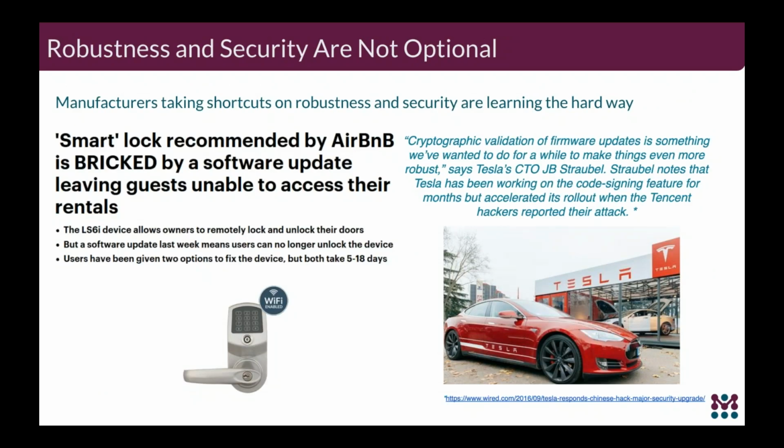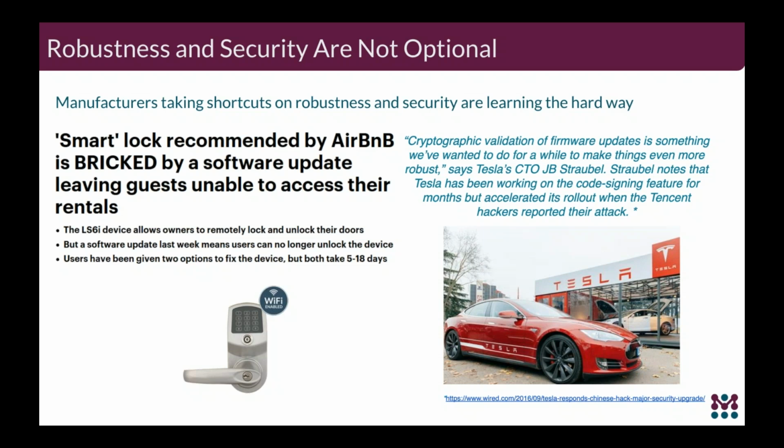And robustness and security, just in general: there was an incident several years ago with a smart lock that tried to do an OTA update, and the wrong image was delivered, and that ended up locking folks out. So there are a lot of things that need to be considered when you are implementing your OTA update system.